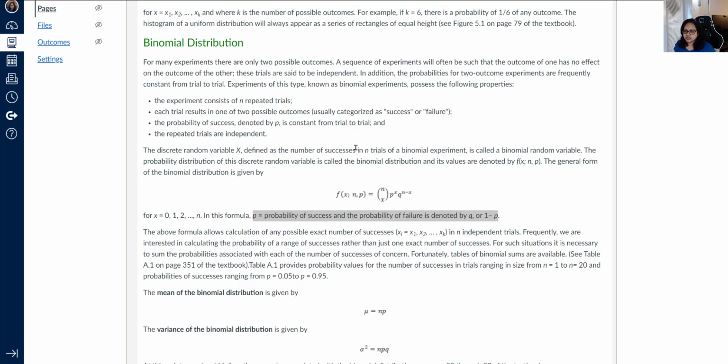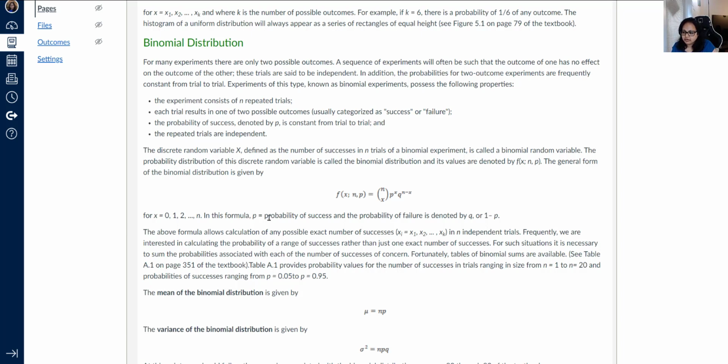We cannot have more than 2: success or failure, let's say a tree is dying or a tree is alive. And the probability that a particular outcome will occur in a given trial, the probability of a success or the probability of a failure, should be the same from trial to trial.